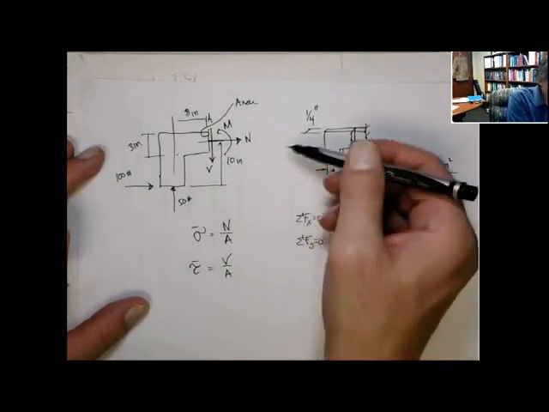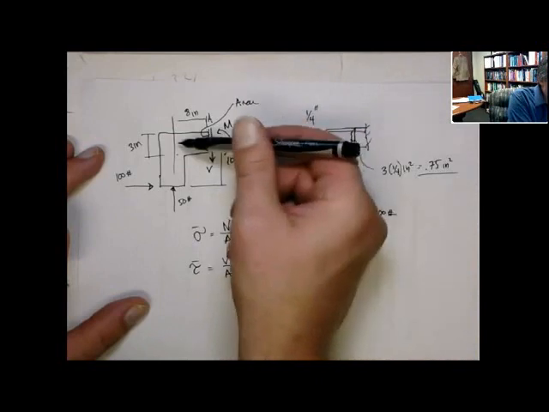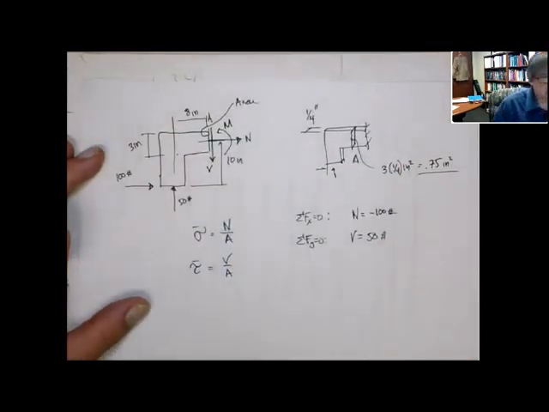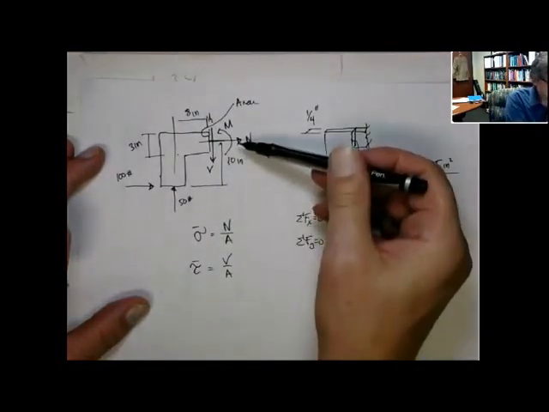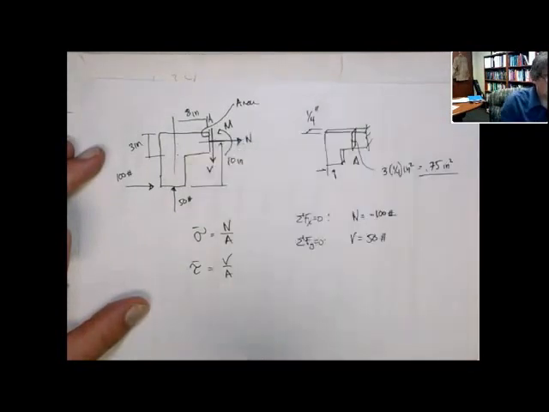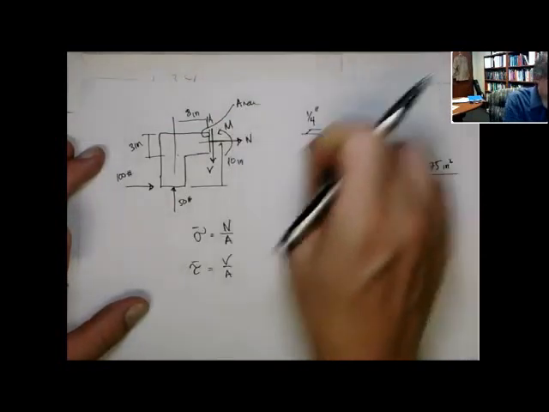Right? So actually, we have 100 pounds acting this way, and 50 pounds acting down this way on the face. All right? So this is actually what we would call the compression force acting on the face.